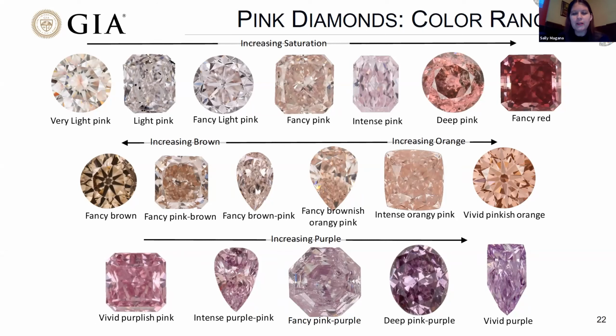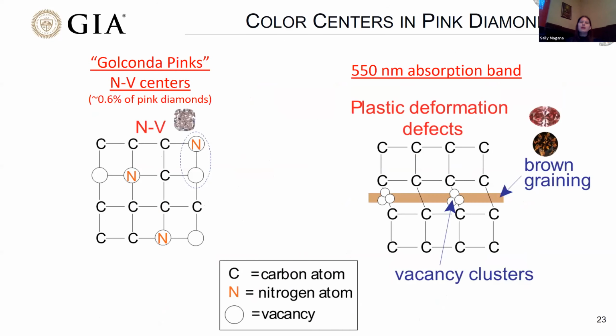And why do we put them all under this one category? It's because there are two major color centers in pink diamonds. One is the nitrogen vacancy center that I mentioned earlier, that is very rare in natural diamonds, but very common in treated and lab-grown diamonds.